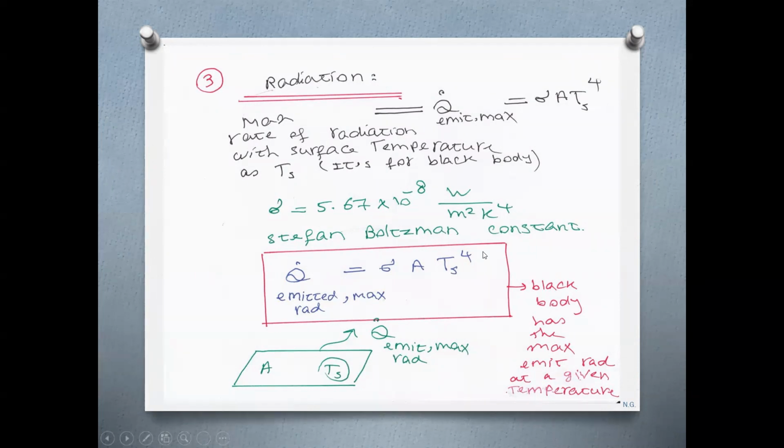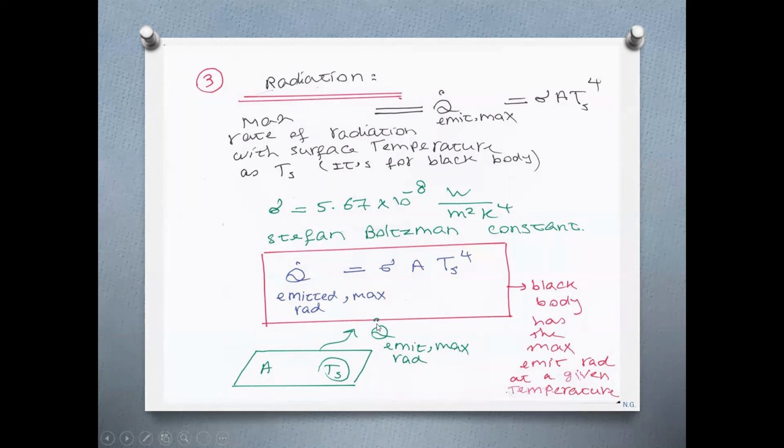So you use this formula to calculate the maximum rate of emitted radiation, because every body with a surface temperature Ts greater than absolute zero can emit radiation to the rest of the world.